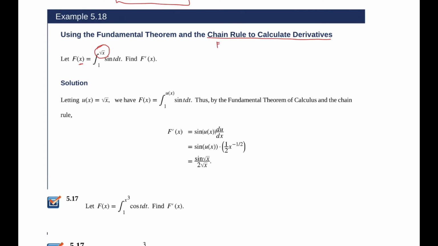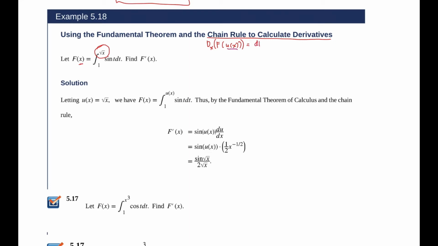Suppose we have a function that is a function of another function. So we have a composite function, f of u of x. When we want to get the derivative of big F of u of x, then we'll have to use the chain rule because we have an inner function.